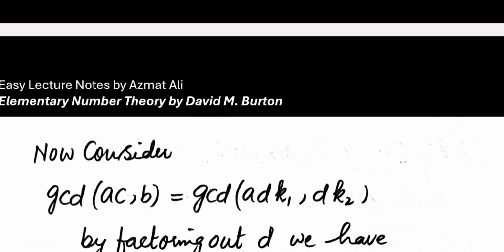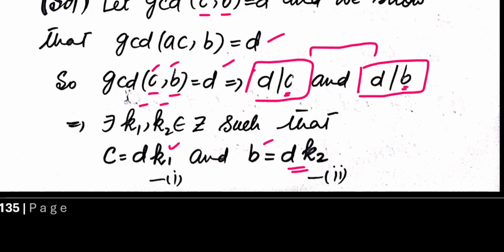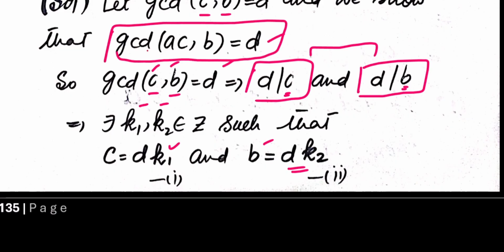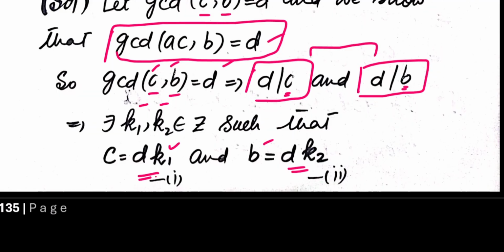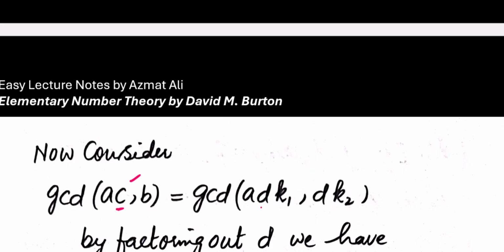Now consider the first part, that is the GCD of AC and B. We have to show this GCD is equal to D. Take its left side, the GCD of AC and B. Now substituting the value of C, which is D times k1, this becomes A into Dk1, and substituting the value of B also, D into k2.